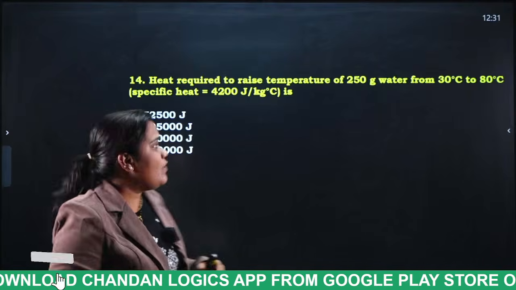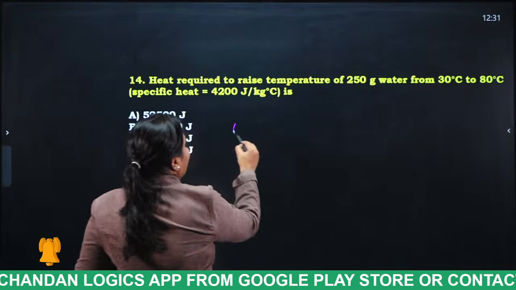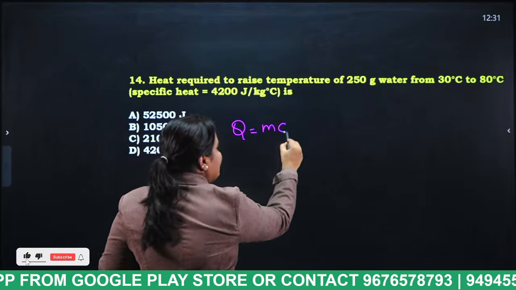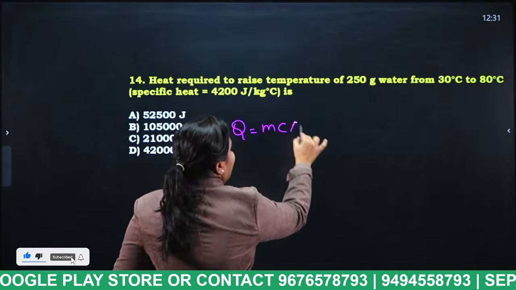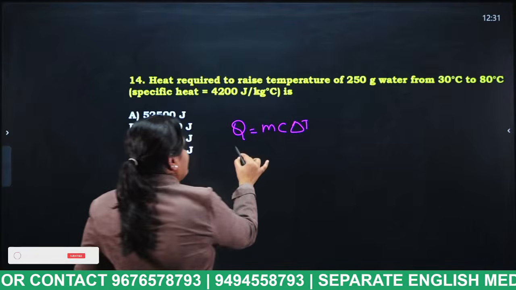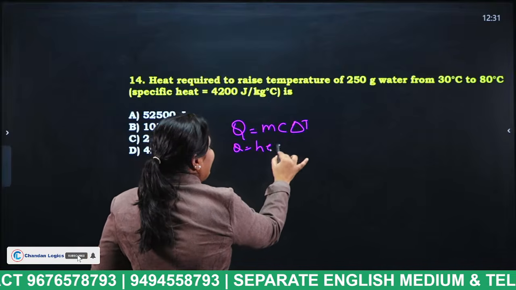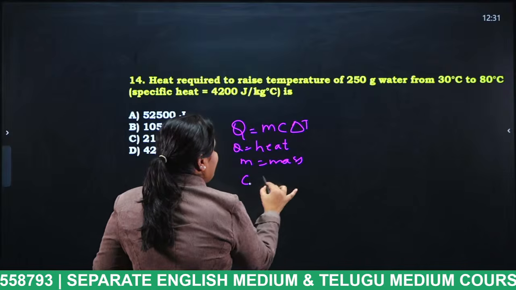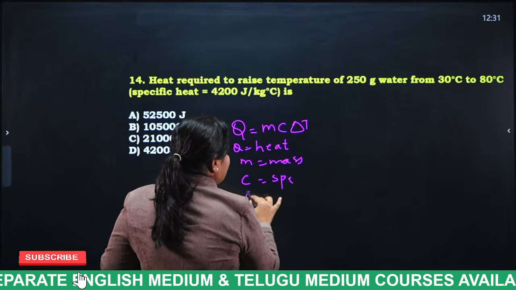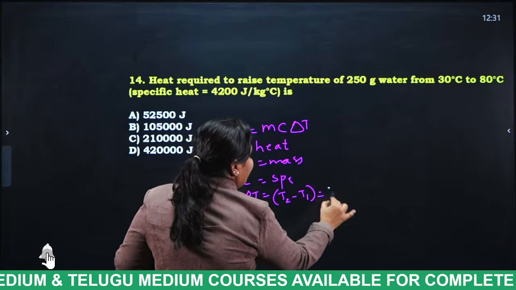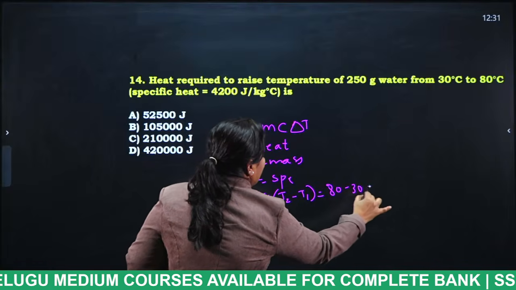Heat required is Q equal to M C delta T. M is mass, C is specific heat, and delta T is T2 minus T1, the change in temperature. So what will you get? 80 minus 30, that is equal to 50.